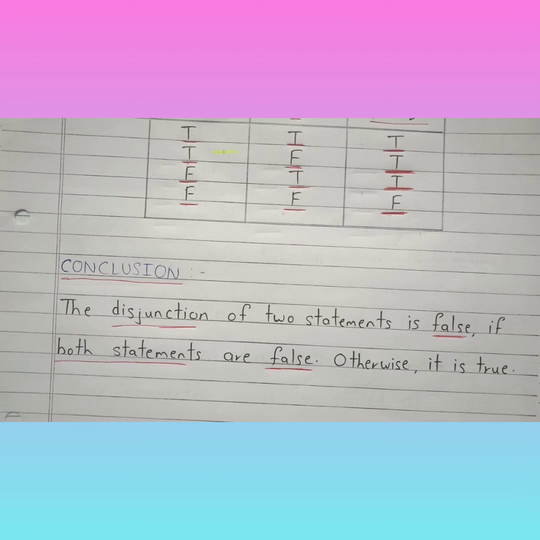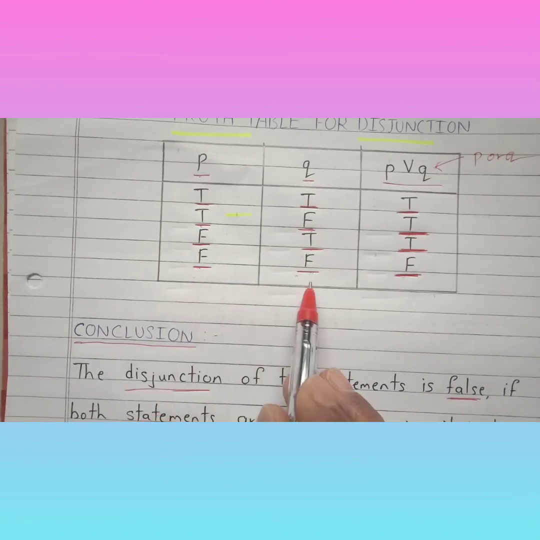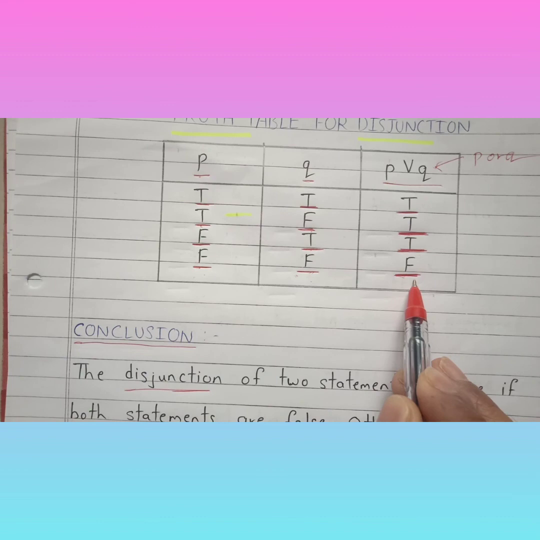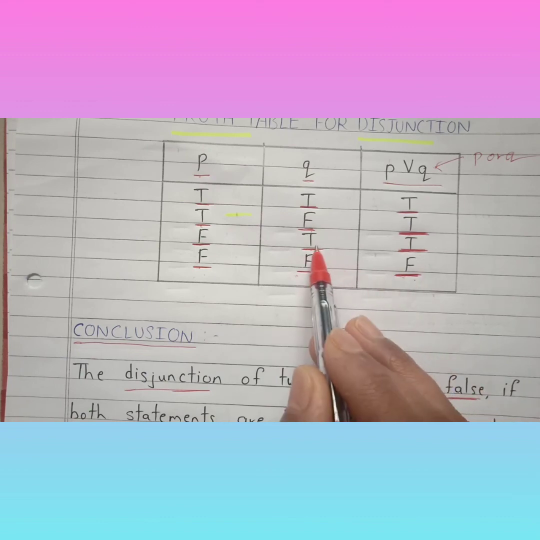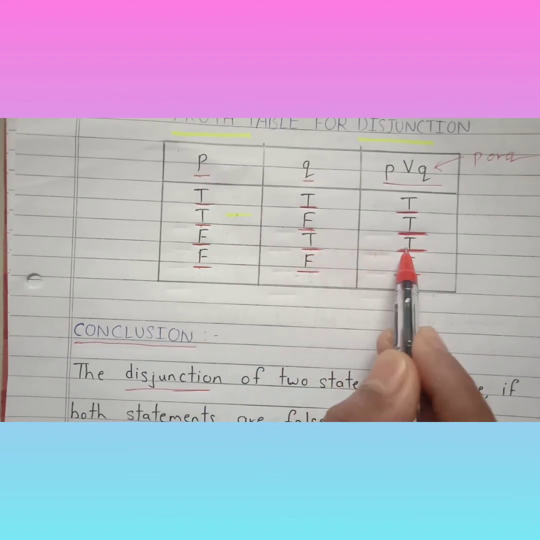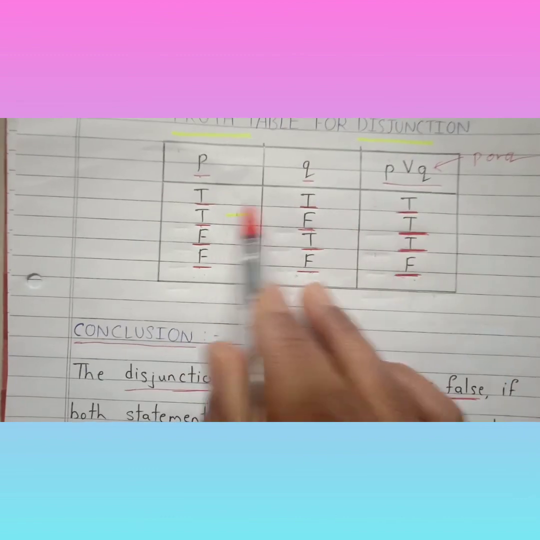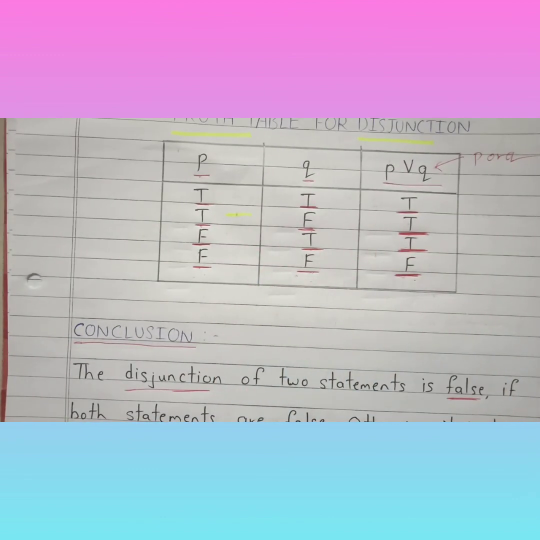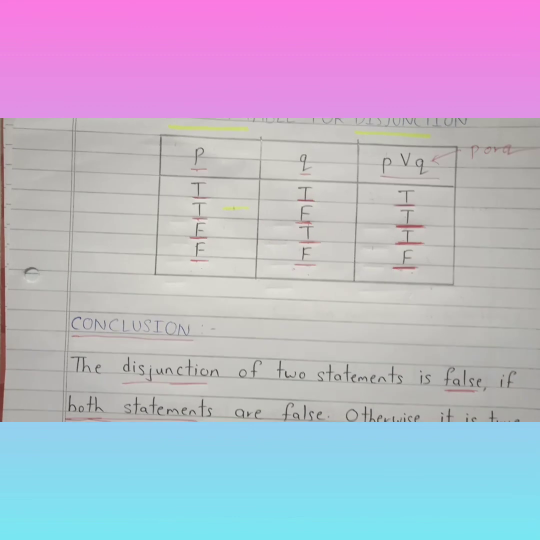So the disjunction of two statements is false if both statements are false, otherwise it is true. There are two falses, and only then it becomes false. But as soon as at least one statement becomes true, the result, P or Q, becomes true. So that's it for this video.